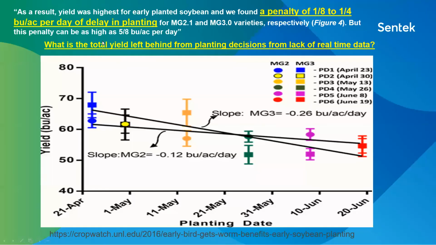And we can see from previous research that there's always a penalty, right, in regards to tons per hectare, bushels per acre, in regards to planting dates. So the question that we need to ask ourselves: what is the total yield left behind from planting decisions from lack of real-time data, right?